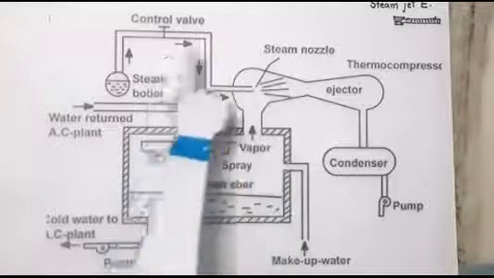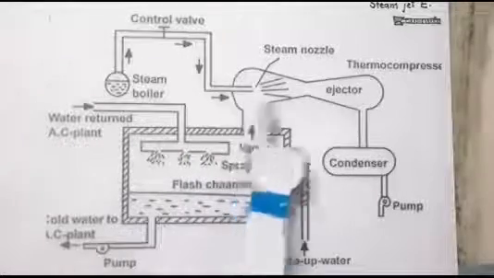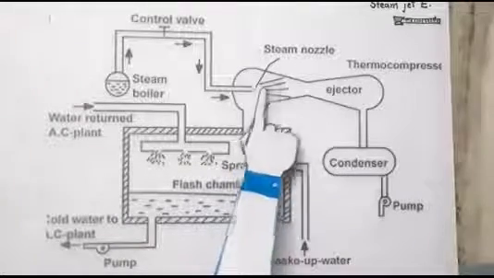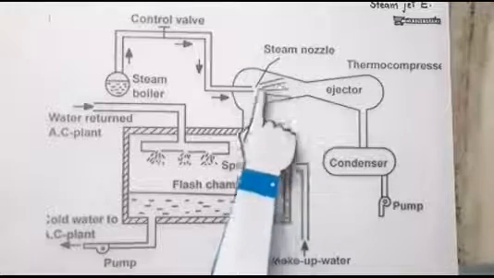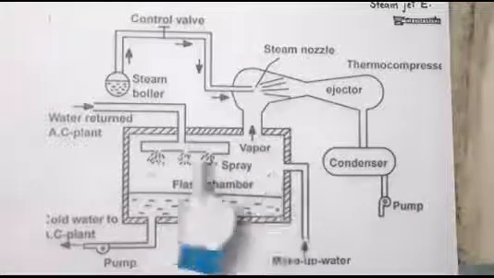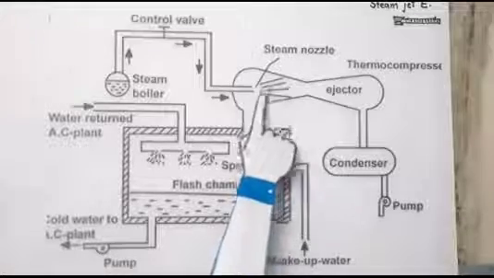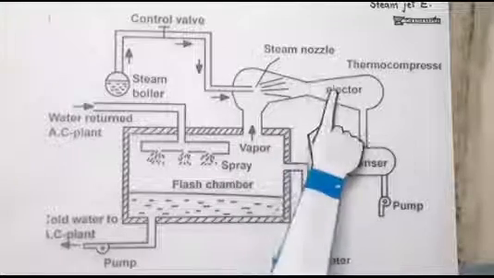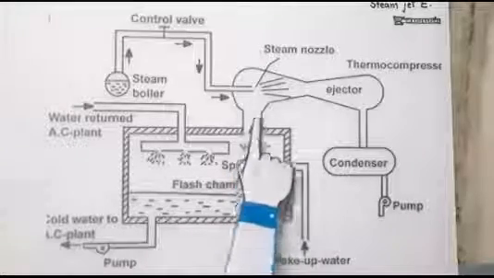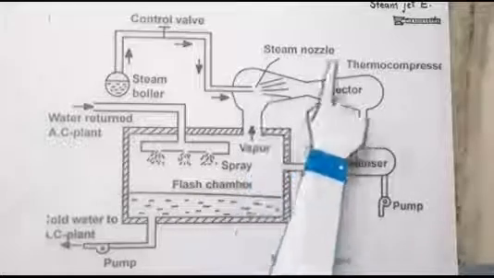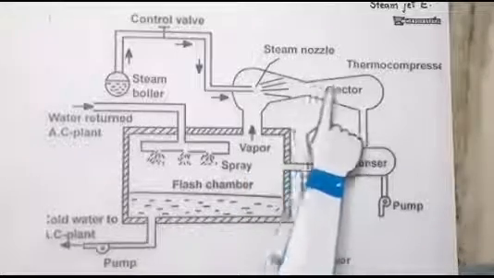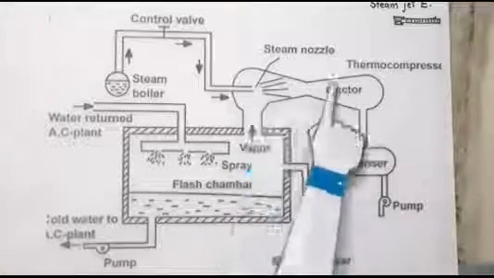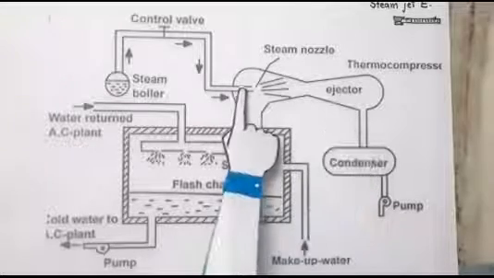Now, we have achieved our objective here with the high velocity and low pressure. Now, how does our cycle go? There is a convergent and divergent section. When the steam and the evaporated water pass through the divergent part of this ejector, the large cross-sectional area increases the pressure and decreases the velocity of that steam which was at high velocity.